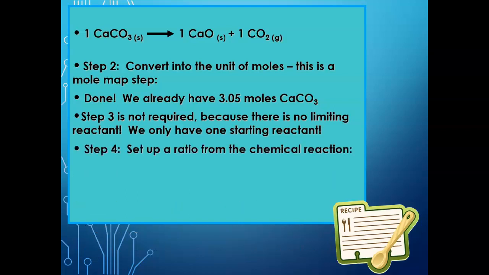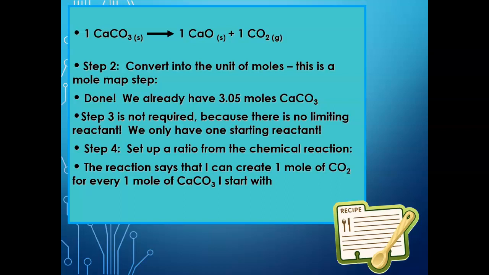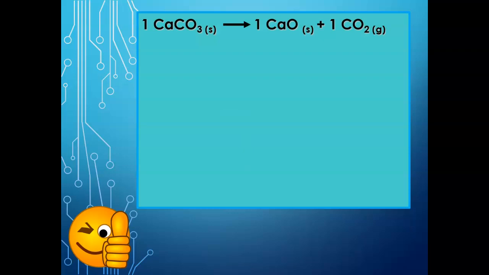So let's move into step 4. We need to set up a ratio from that chemical reaction. So what that reaction says is that I can create 1 mole of carbon dioxide for every single mole of calcium carbonate I start with. It is just like using a recipe in the kitchen. So here we go.